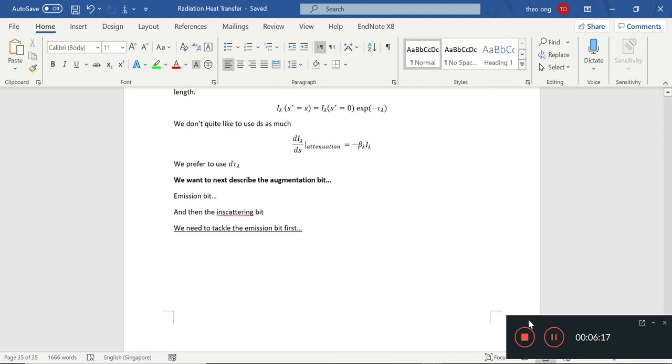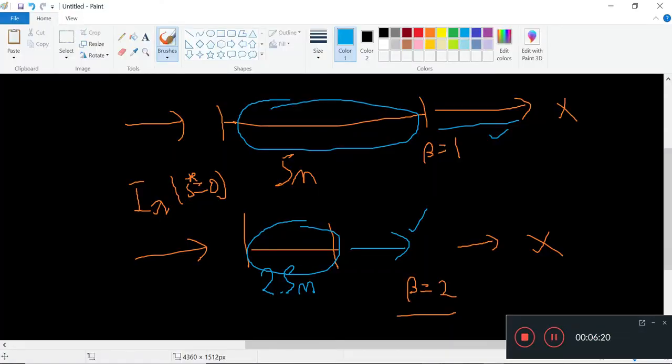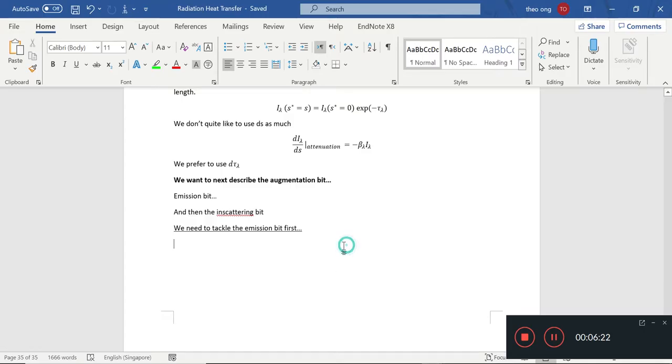So what is this emission? What is the emission bit? Let's do this equation again. The I lambda ds emission. What is the contribution due to emission that changes this intensity?